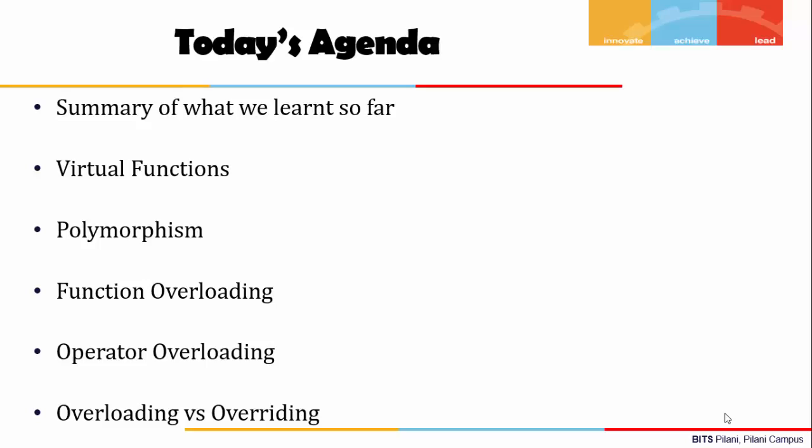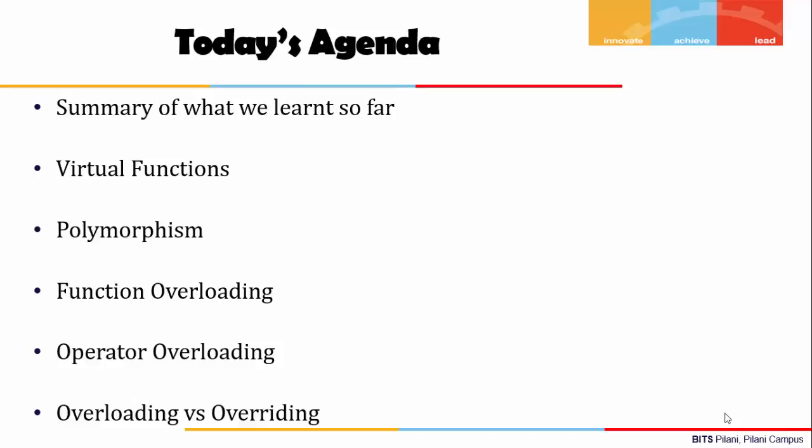Today's agenda is as follows. We will start with a brief summary of previous lectures. Then we will go ahead and discuss virtual functions. Today we will discuss in detail polymorphism and different forms of polymorphism.